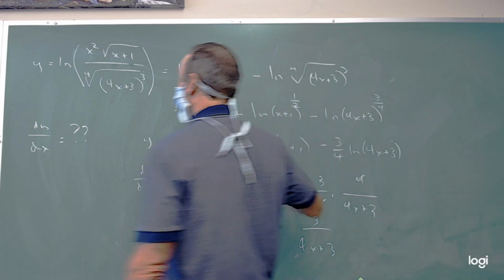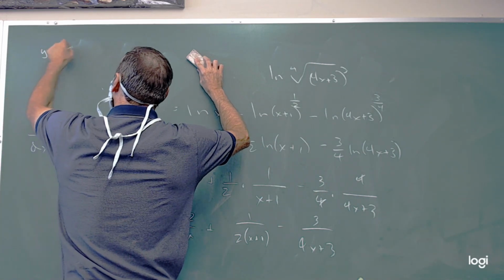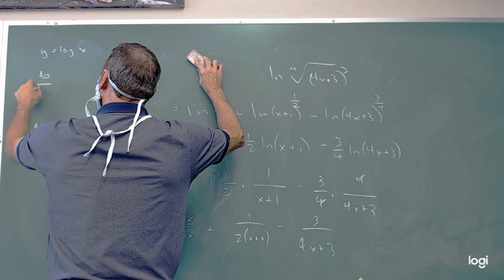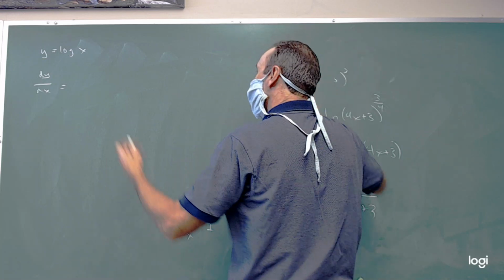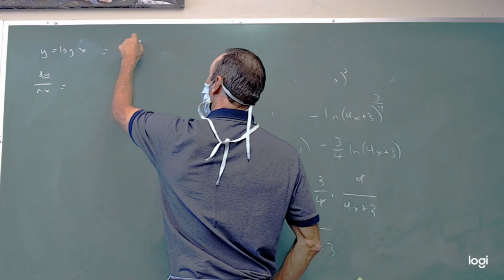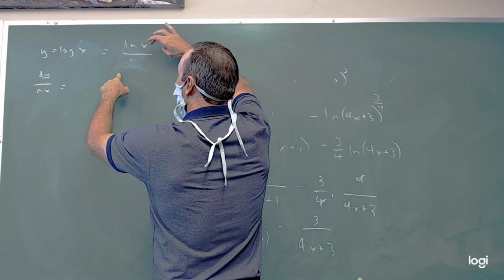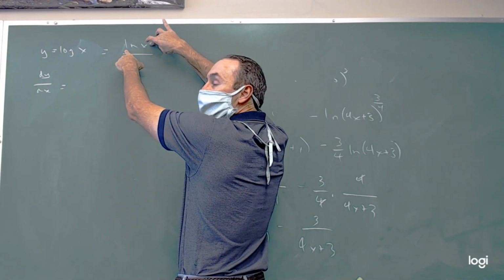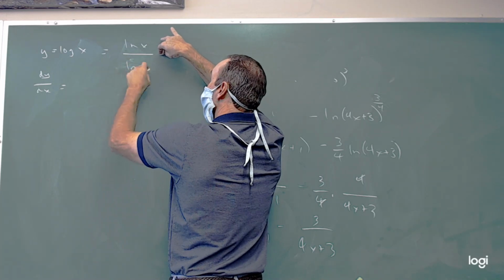In 1 minute, can I do change of base? So y equals log of x. What if we want to find its derivative? Log of any base other than e. So I'll show you next time, but we can do a change of base by making it into the logarithm we want, divided by the natural log of the old base.